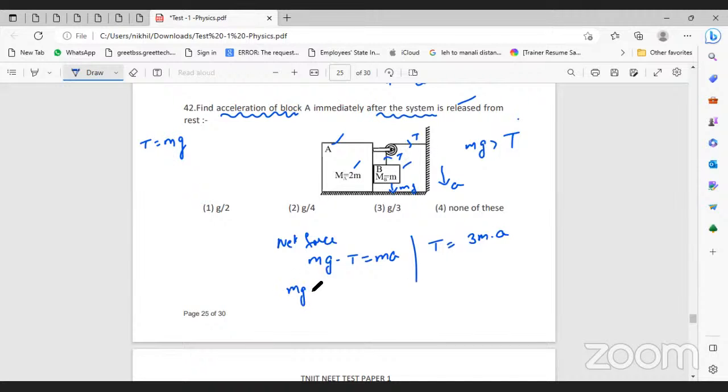So mg minus T can be taken as 3ma plus m into A, or I can take mg equals 4 times ma if I shift this towards the right side. So m and m will get cancelled out. So g is equal to 4a. So this implies a is equal to g by 4. So the acceleration value will be equal to g by 4. That is option 2, the right answer.